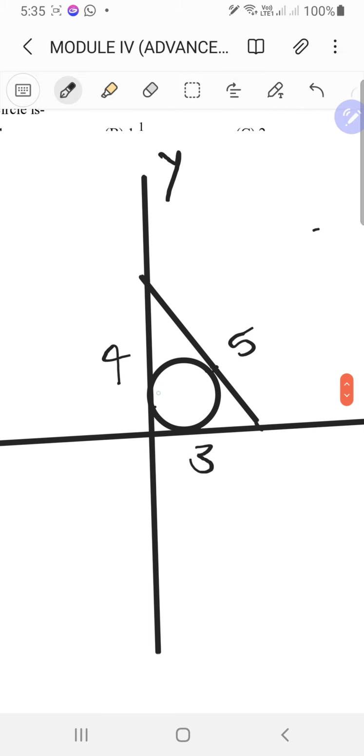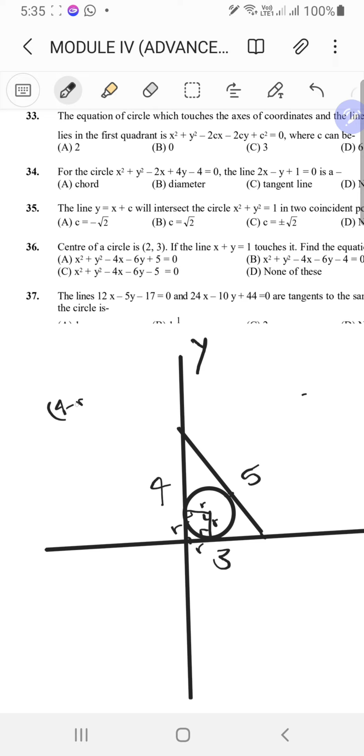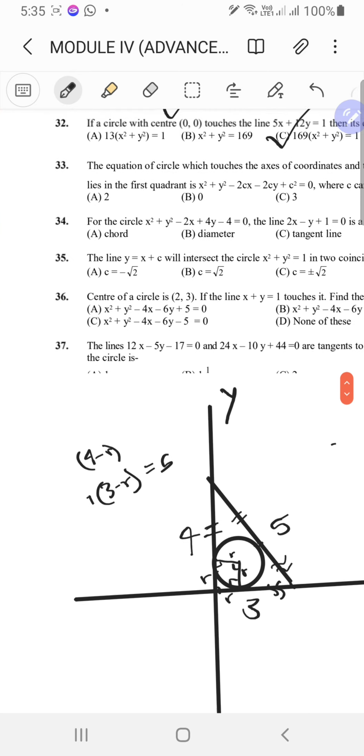So let's call this radius r. This thing is r, this thing is r, which means that this thing is also r, this thing is also r, right? So 4 minus r plus 3 minus r is equal to 5. Why is that? Because this length is equal to that length and this length is equal to that length, since tangents are of equal lengths.